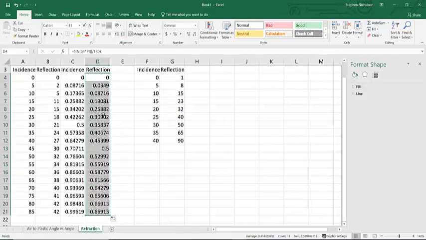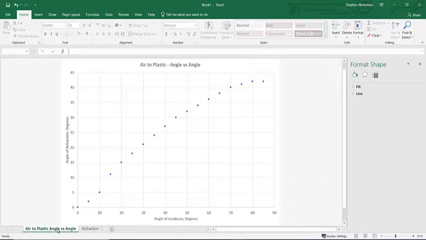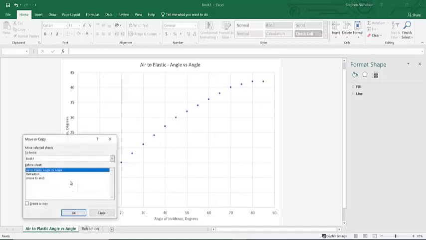So I get that. Okay, now I could go ahead and replot everything, but what I'm going to do is click on the tab that's the first plot. I'm going to right click. I'm going to say move or copy, and then I'll say create a copy, and I'm going to move it before the current sheet, so I'll move it to the left hand side.